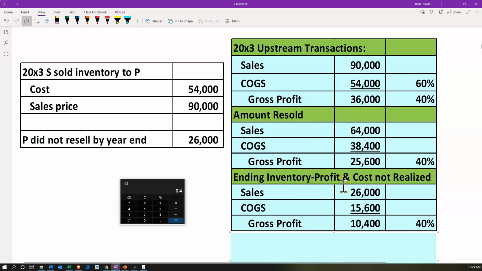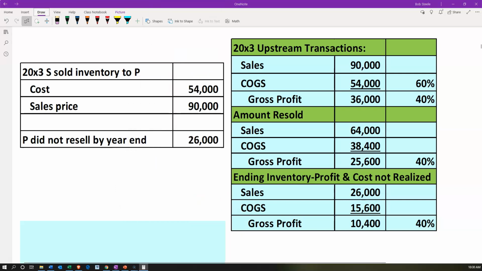And then we've got the 26,000 times the 0.6, 60% of it, 15,600. The 26,000 minus the 15,600 is the 10,400, or we can take the 26,000 times the 40%. Then if we wanted to double check our percentage, we could take the 10,400 divided by the 26,000, and we're still at the gross profit percent, the 40%.